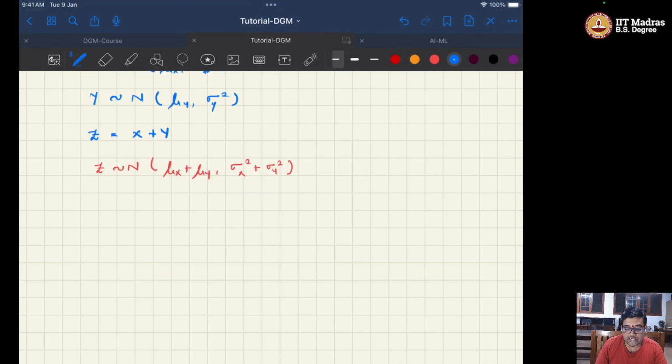So I leave it as an exercise. You can look at it in Wikipedia. If you just type sum of normally distributed random variables, you get a Wikipedia page in which they have used convolutions to prove it. That is also one way possible. But I'll be doing the proof in this session using the characteristic function. Proof using the characteristic function.